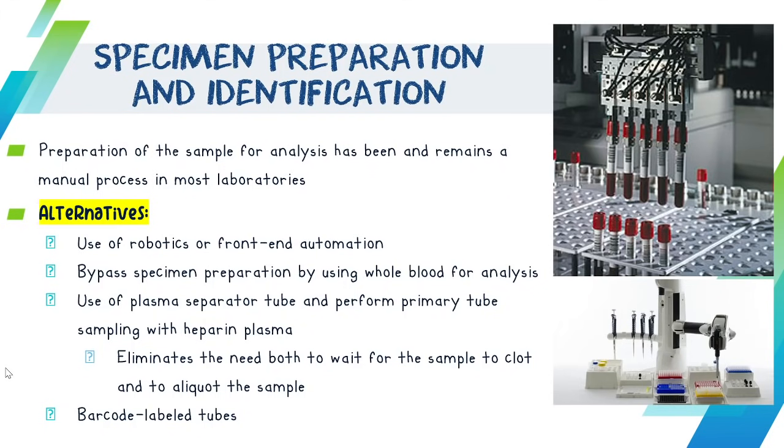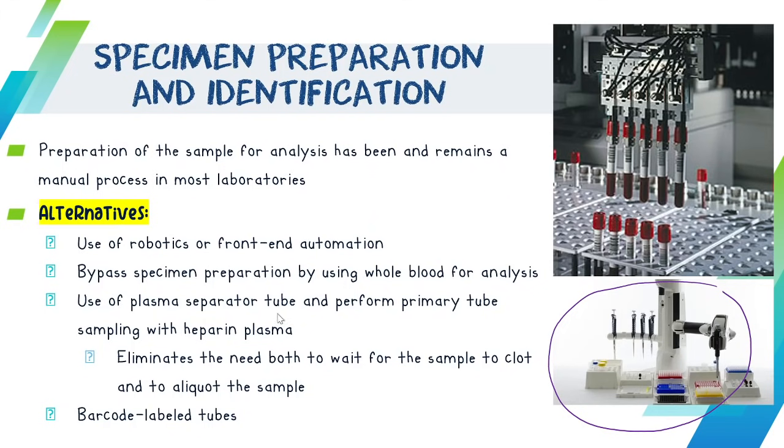So, as you can see here, the mga images sa inyuhang right side, even kanina part, this is actually an example of your auto-analyzer na siya na mismo ang mag-aliquot sa inyuhang mga samples. You just have to place your sample and another test tube where the aliquot will be placed, and then just set gamay na setup kung pila ang volume na needed for transferring the aliquot.